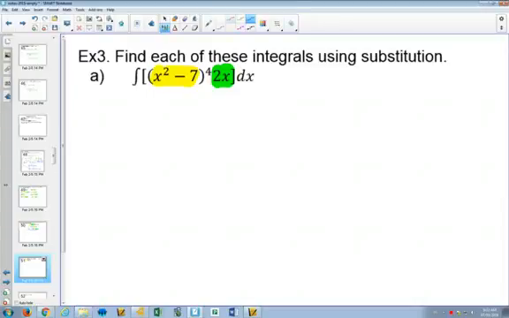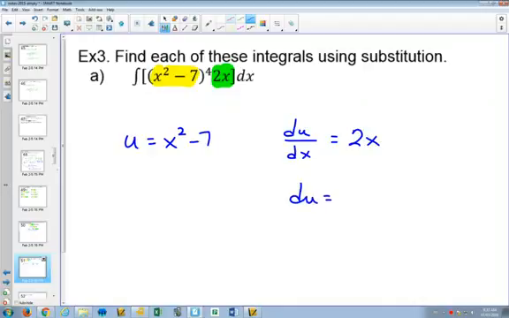So we're going to make u equal to x squared minus 7. Then if we found the derivative of u with respect to x, du dx would equal 2x. That means that du is equal to 2x dx.